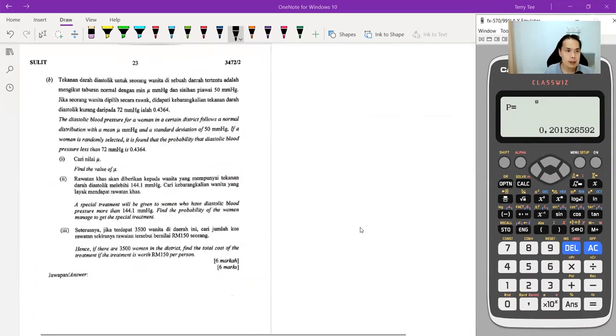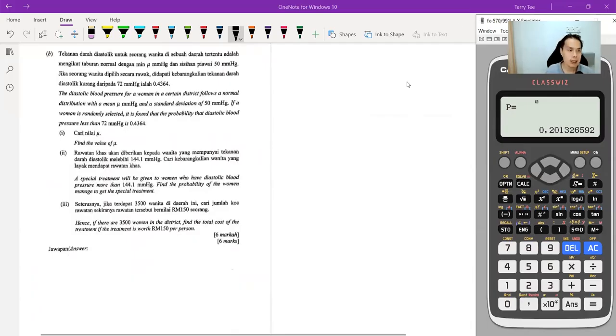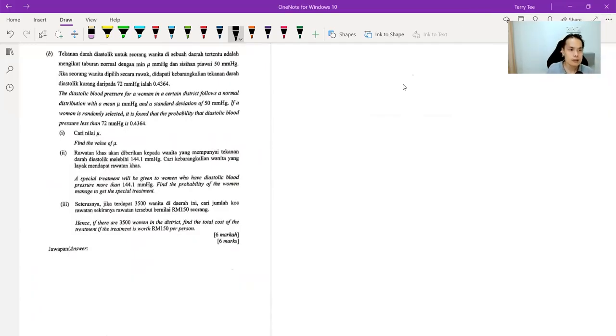The second part B is a normal distribution. Here the diastolic blood pressure for women in a certain district follows a normal distribution with mean mu. The mean is not given, you find the mean. The standard deviation is 50.